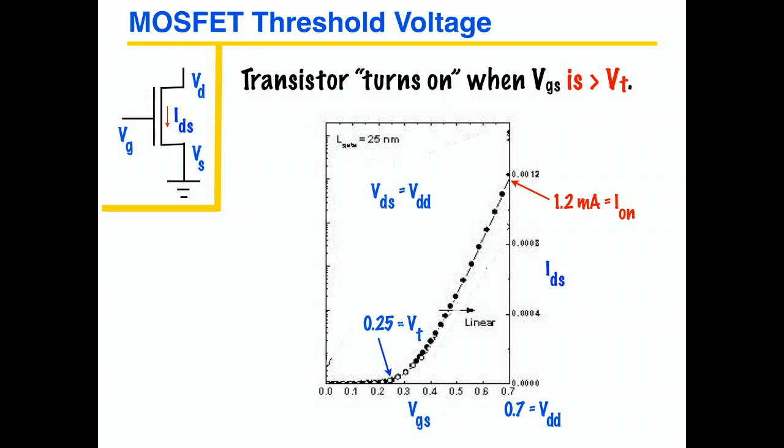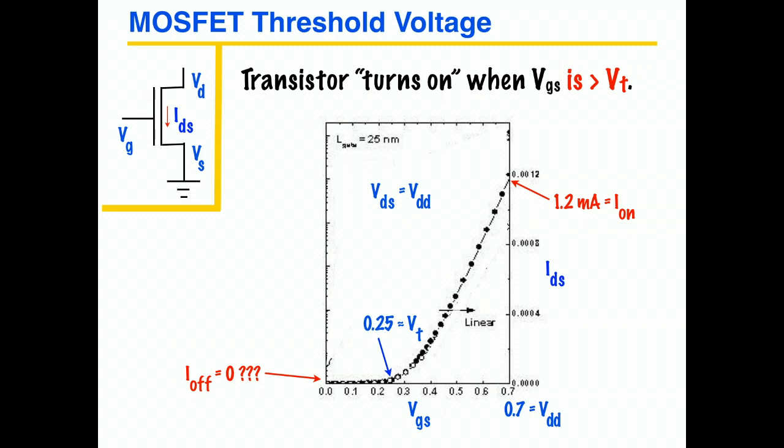What happens down here is interesting too. It looks like I off is 0, but if you look carefully, it's not actually at 0. That's the other interesting thing about transistors: they don't ever actually turn off completely. The I off is much smaller, nanoamps, than the on current, but it doesn't go all the way to 0 because we can't build a perfect switch.